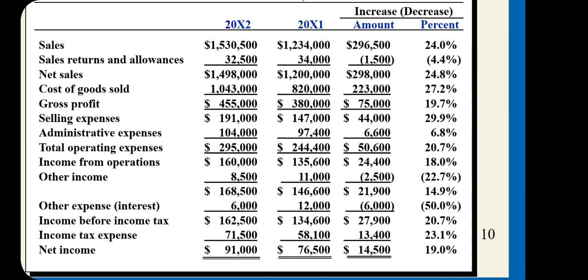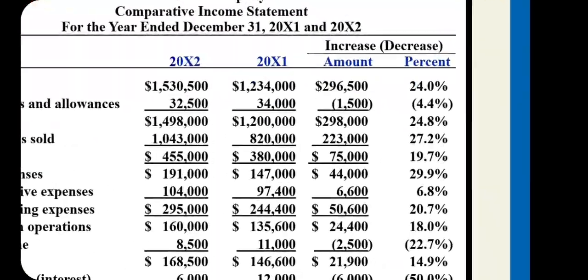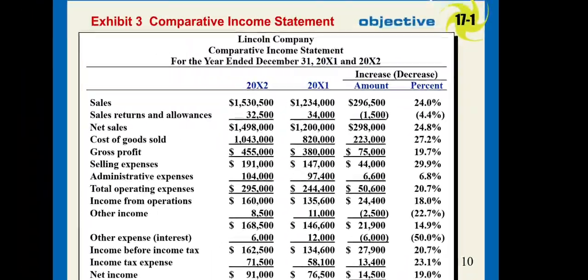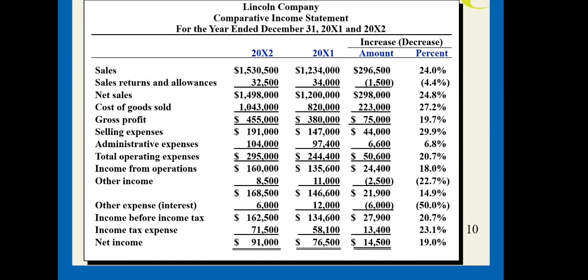Now you can check why this thing happened. This thing happened because the sales increased 24%. The cost of goods sold increased 27%. The cost increased higher compared to the increment in revenue. And then you can see selling expenses also increase more than the increment in sales. That is not good.